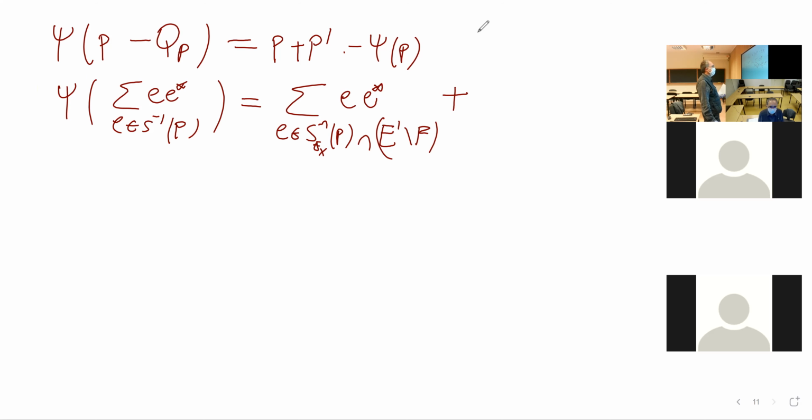And basically what you have to do, you will have some E star plus some E star, and here you run the intersection with F, and here you run the intersection with F prime. Okay, just by the application of psi and vanishing of the cross terms. So this means that all in all, this will be the sum over the whole preimage of P under SEX, but this is the Leavitt path algebra, so this ends up being equal to the end of P.